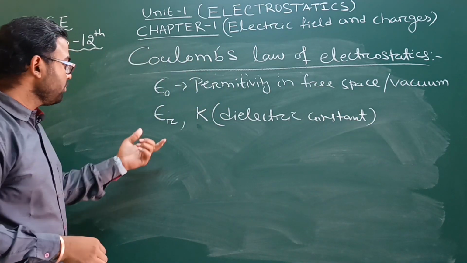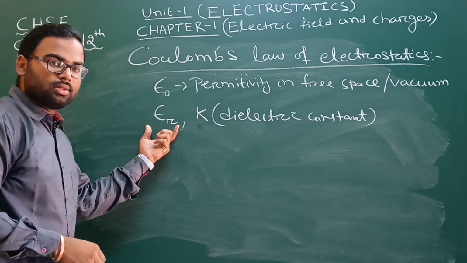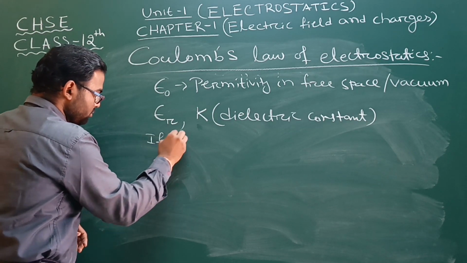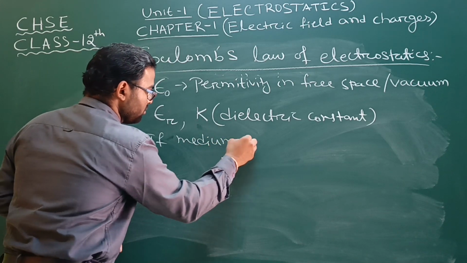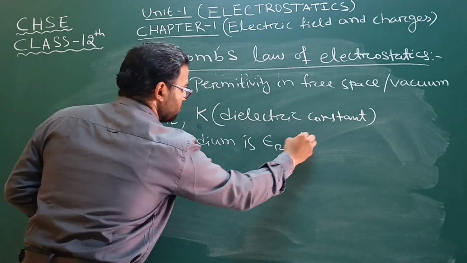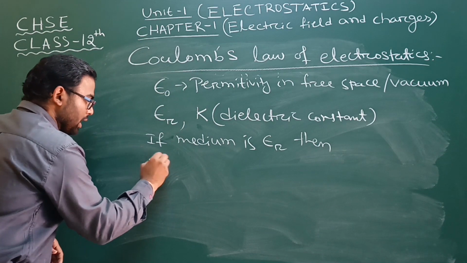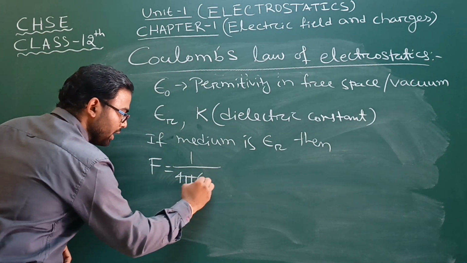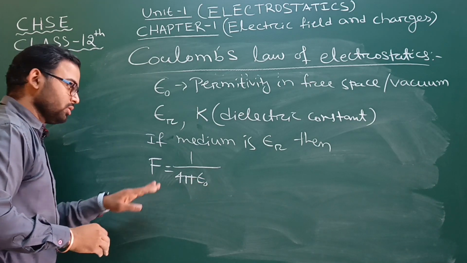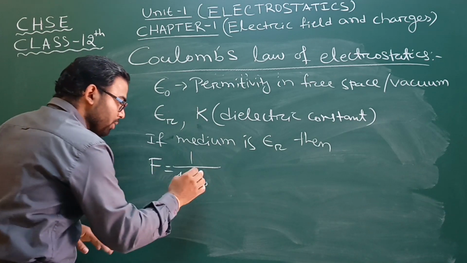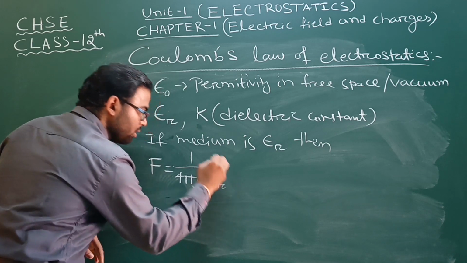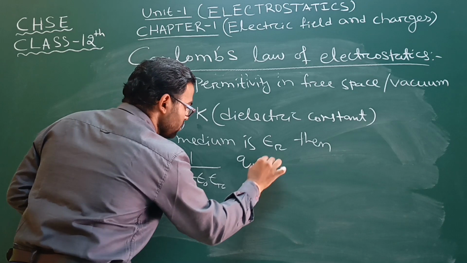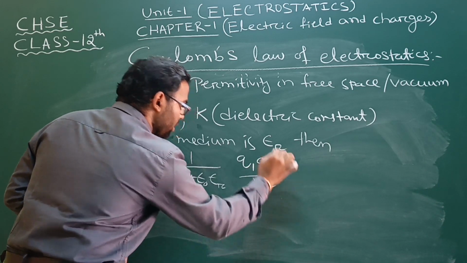If there is a medium of epsilon r, then F equals 1 by 4 pi epsilon naught, multiplied by epsilon r in the denominator, then q1 q2 by r square.